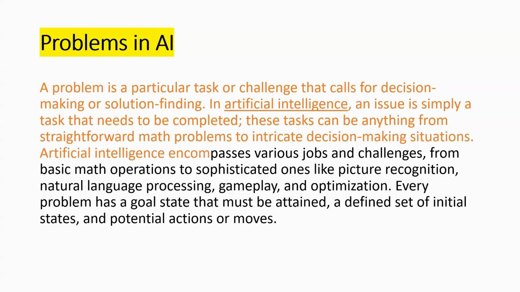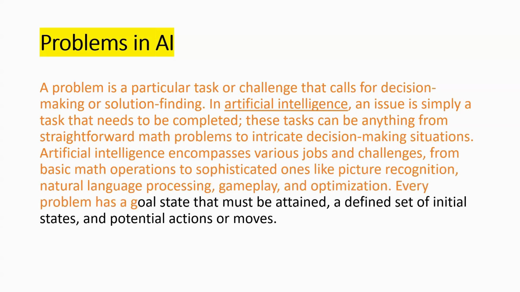Artificial intelligence encompasses various jobs and challenges, from basic math operations to sophisticated ones like picture recognition, natural language processing (NLP), gameplay, and optimization. Every problem has a goal state that must be attained, a different set of initial states, and potential actions or moves.